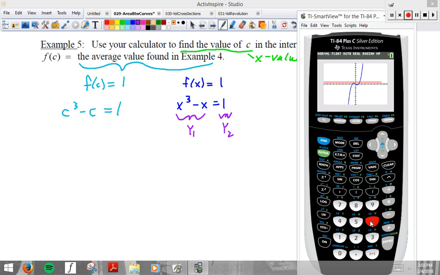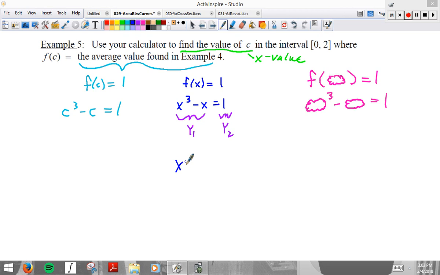Hooray! Second, trace, number 5, intersections. Scroll, scroll, scroll. Enter, enter, enter. And my intersection is x equals 1.325.